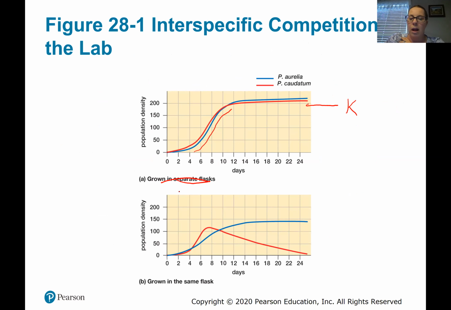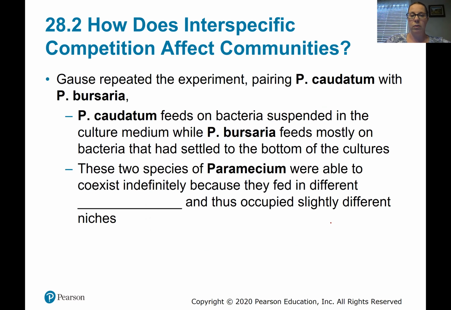But if you put them together in the same flask, within a few days Aurelia is going to outcompete caudatum, and their population basically gets wiped out because there's not enough resources for both of them. They occupy the same niche, they eat the same foods, they hunt the same way. They basically cannot survive with the limited resources.